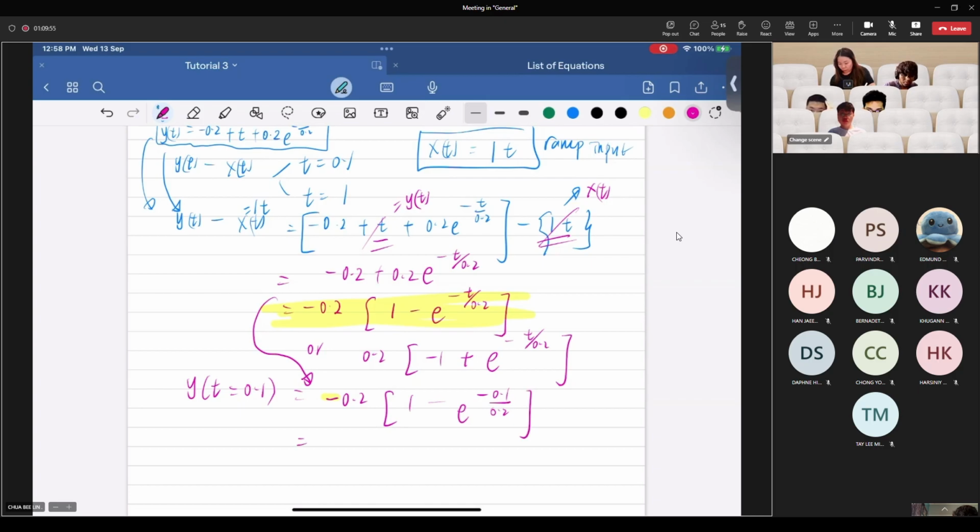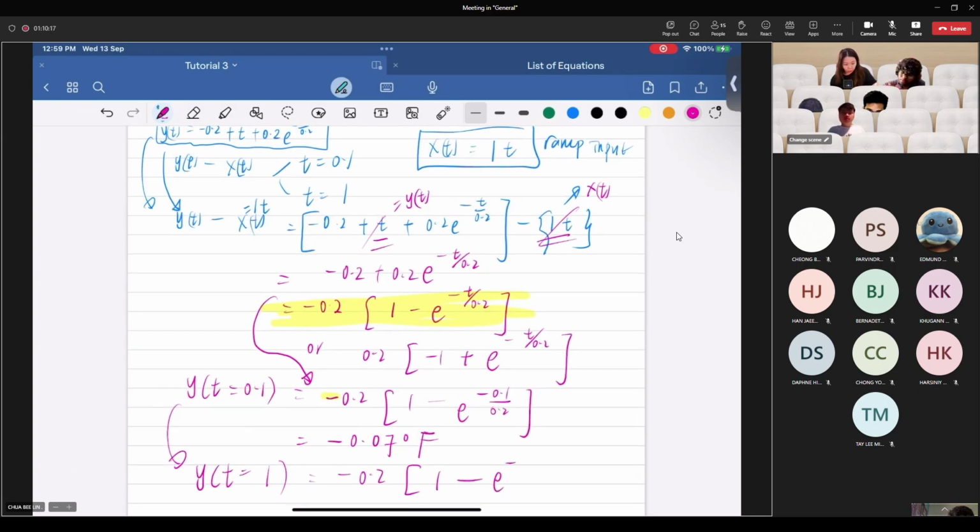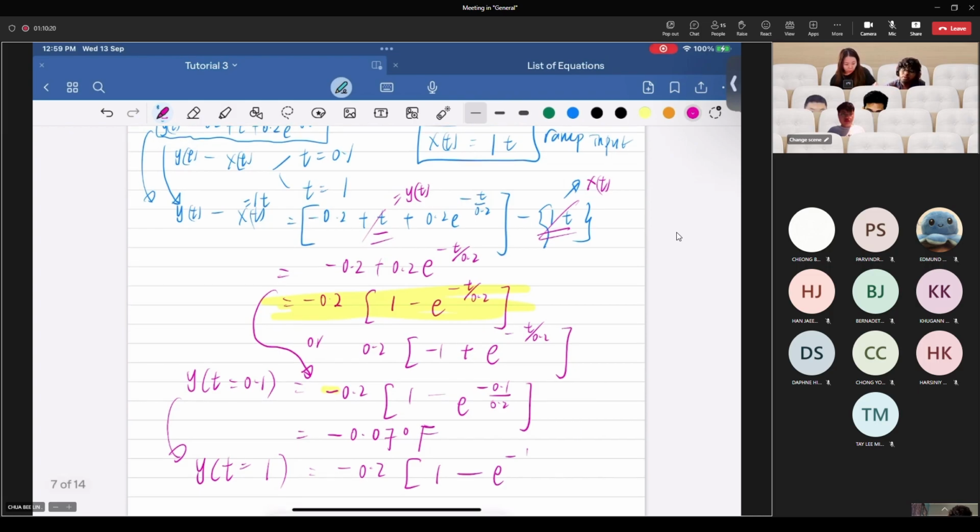Use your calculator, and you should get the answer of negative 0.079, and the unit they are using is degree Fahrenheit. Then at t equals 1, negative 0.2, 1 minus e negative 1 over 0.2. This will give me 0.199 degree Fahrenheit.